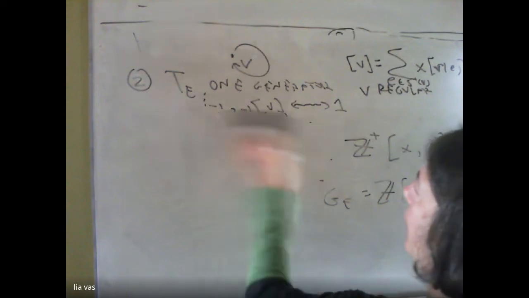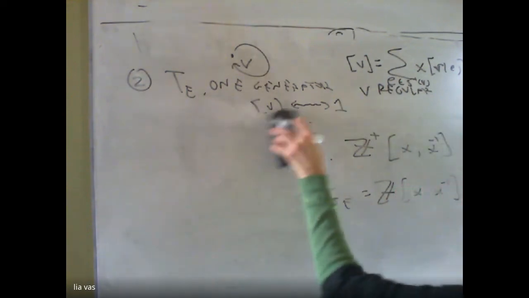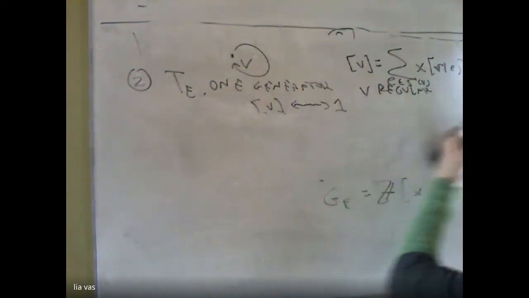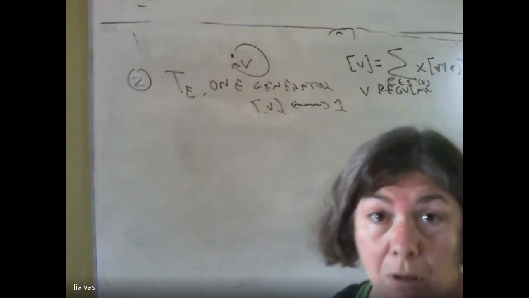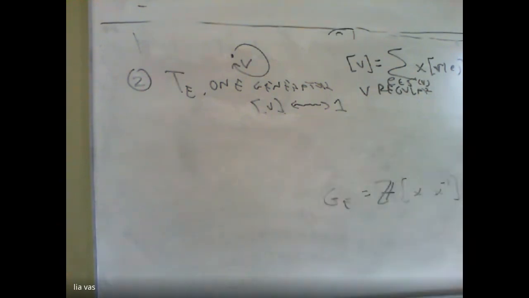So here we certainly have one generator. But now this generator is regular because it emits at least one and finitely many edges, in this case just one edge. So there is this relation, right?